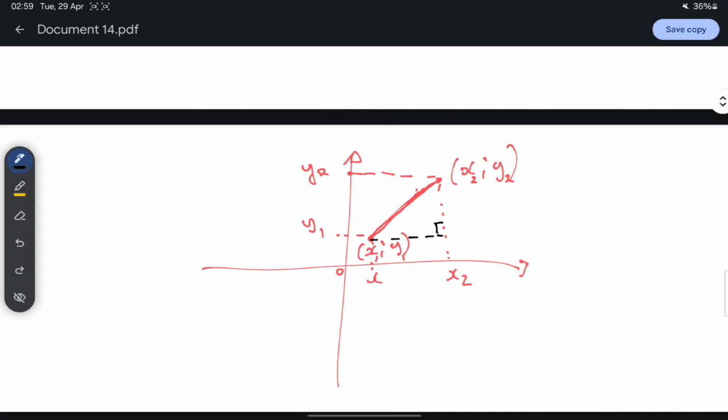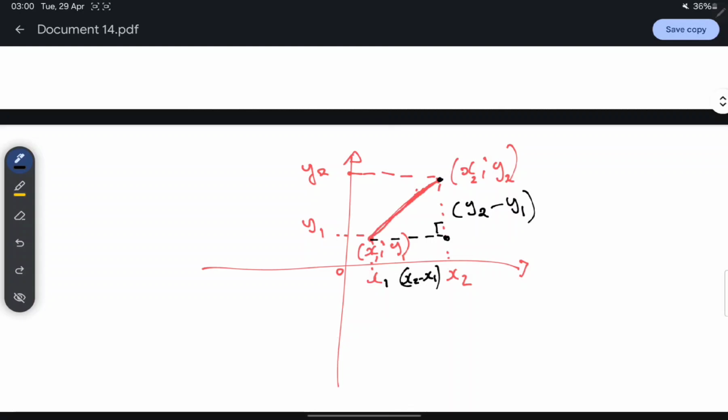So in this right angle triangle, this distance is y2 minus y1. I've said that you subtract the smaller one from the larger one when you want a vertical or horizontal distance. Same applies here. This distance is x2 minus x1.